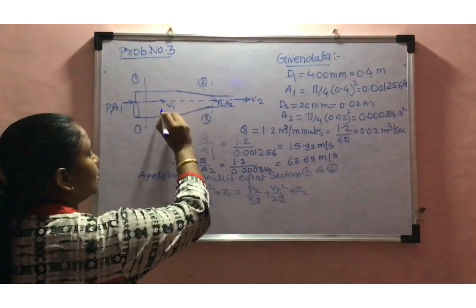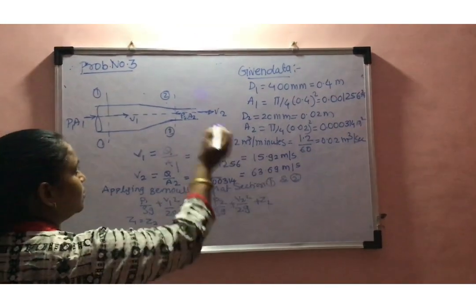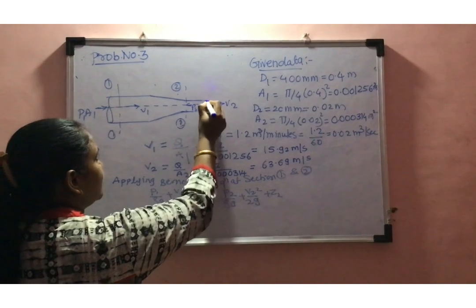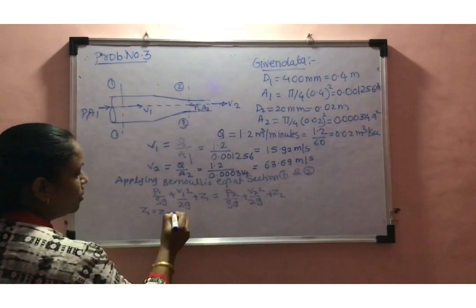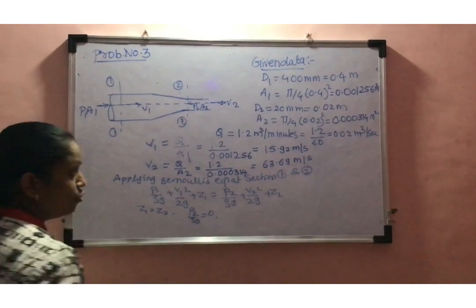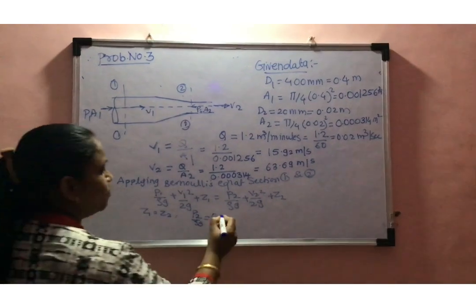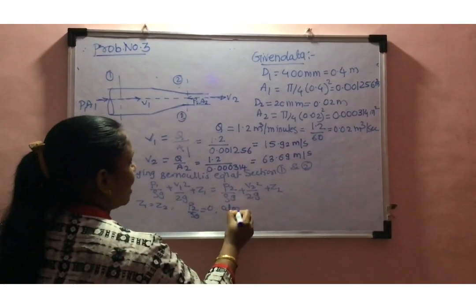Similarly, when the water is flowing through this pipe, it will come outside the pipe through the nozzle. So the P2 upon rho g becomes 0, because when the water comes out, the atmospheric pressure will act.